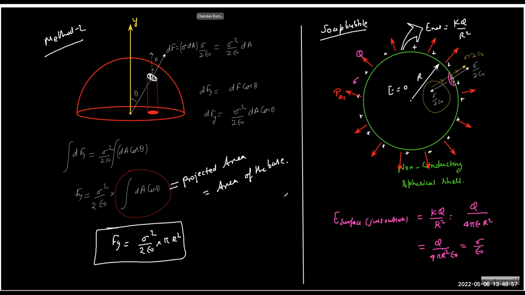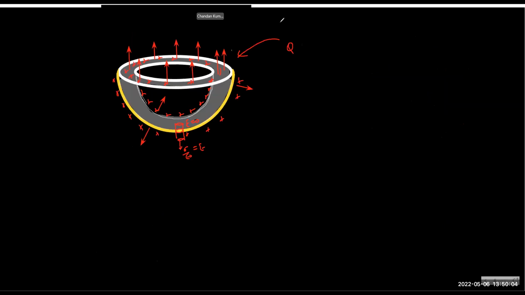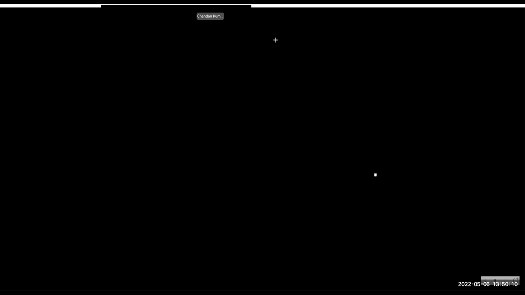I hope this is clear. So there was a question in JEE Advanced, I think maybe Mains or Advanced. Imagine we have a shell like this, but it is not a single shell, rather it's two half pieces joined together.